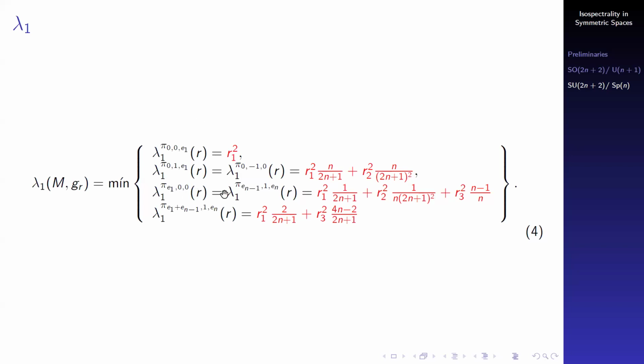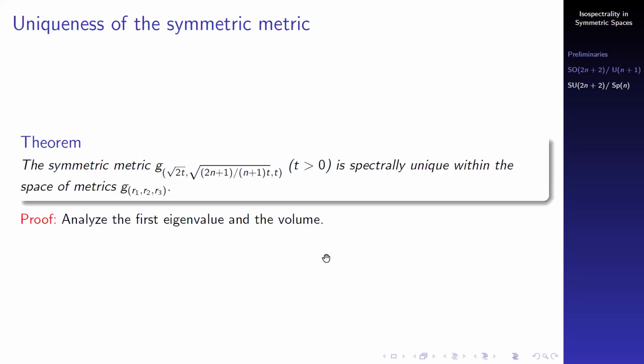So that gave us two expressions in R1, R2, and R3. If you see that like in calculus, that's a plane in R1, R2, and R3. And in the intersection of these two planes there has to be a line. So we parameterize the line, and after that, we use the volume condition, and we put it into the formula. That's a formula in one parameter, and we found that that parameter has to be the same as in this metric. That was the proof.